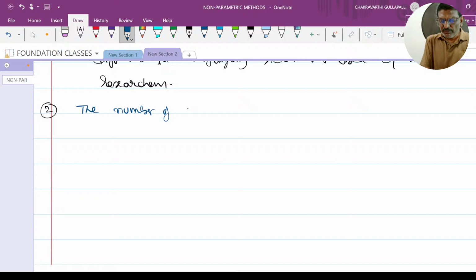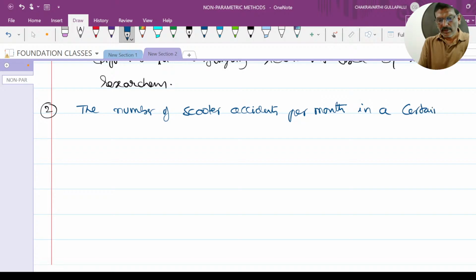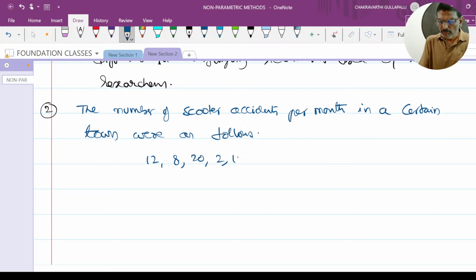The number of scooter accidents per month in a certain town were as follows: 12, 8, 20, 2, 14, 10, 15, 6, 9, 4.